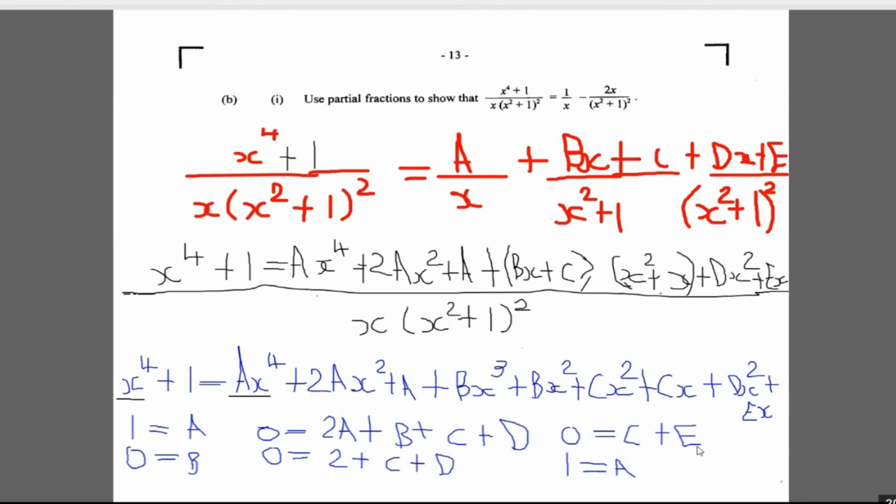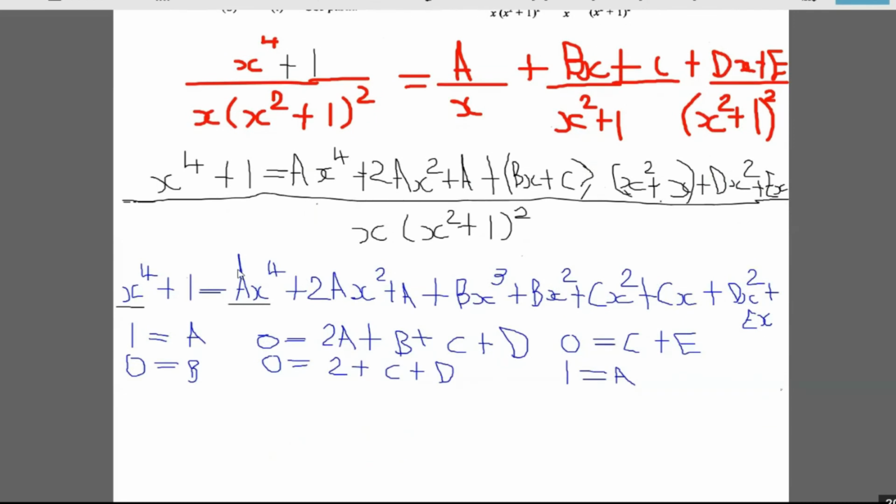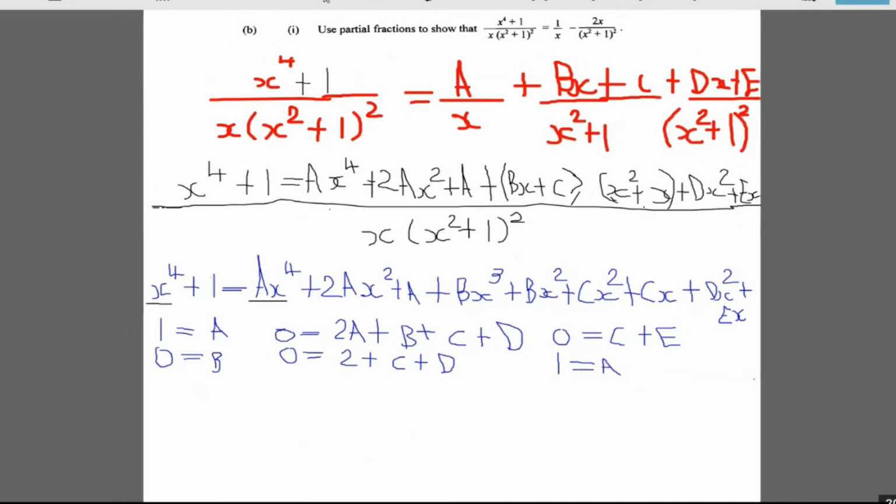So now, if c plus e is equal to 0, then c is equal to negative e. That's one thing we can conclude.